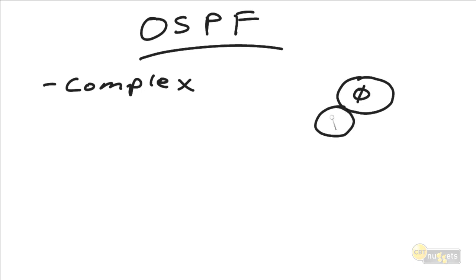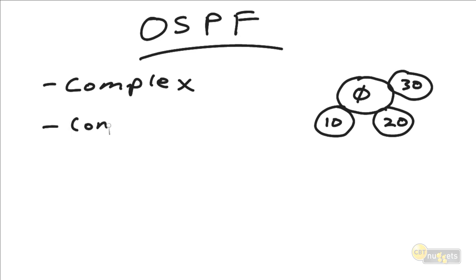You have a backbone area, and then you have areas that you can attach to that backbone area in order to have a hierarchy in your routing infrastructure. It will offer great convergence if you configure it correctly, and sure enough, it supports variable length subnet masking.